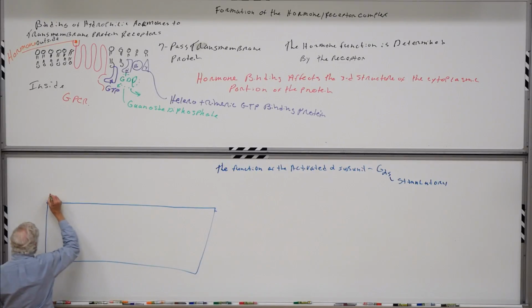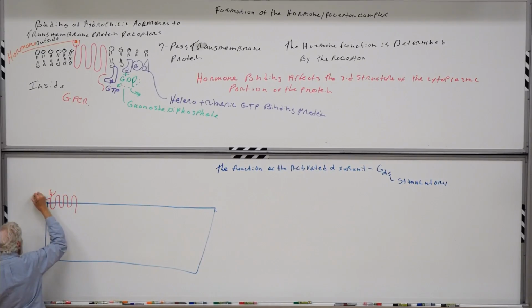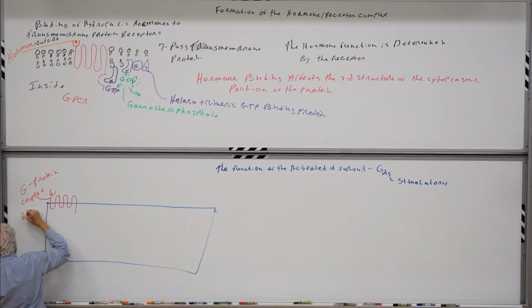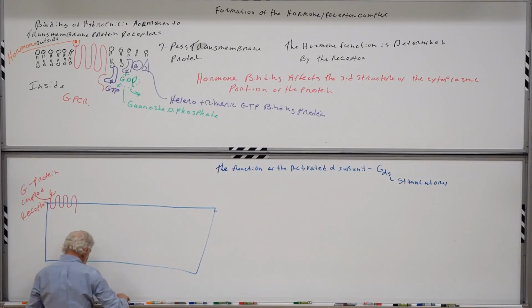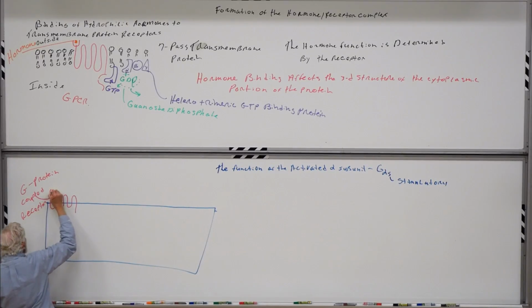Across the membrane, as we showed above, is this 7-pass G protein coupled receptor. As we described above, it had bound here its hormone.